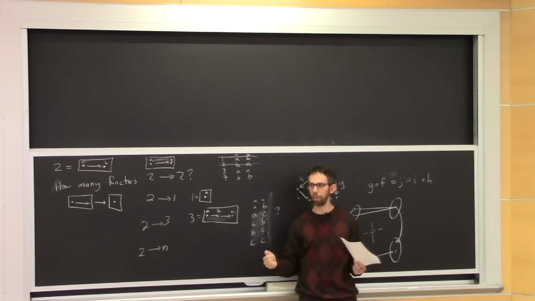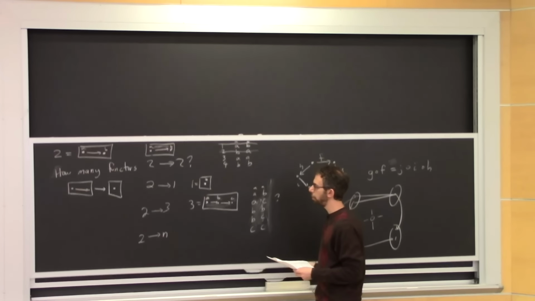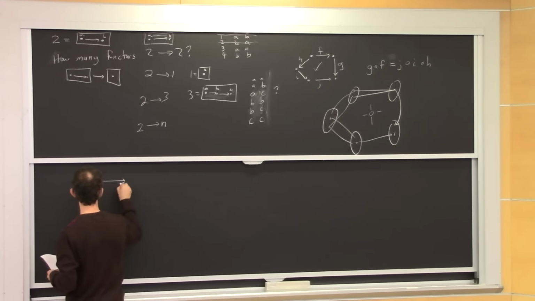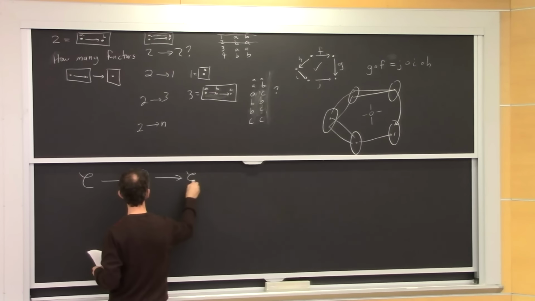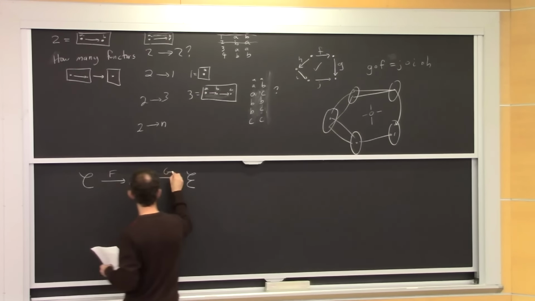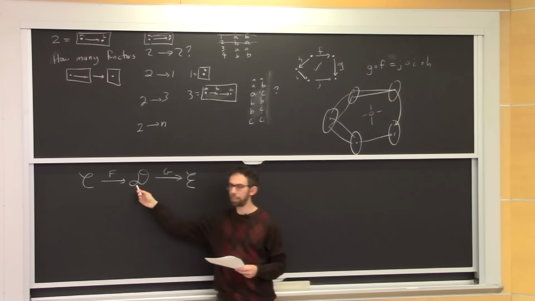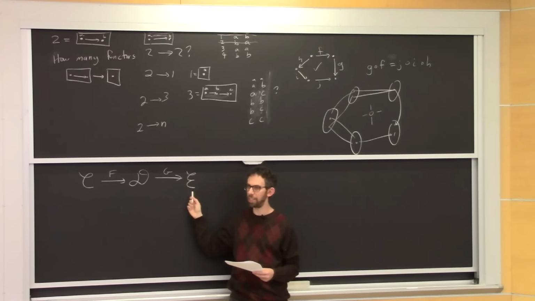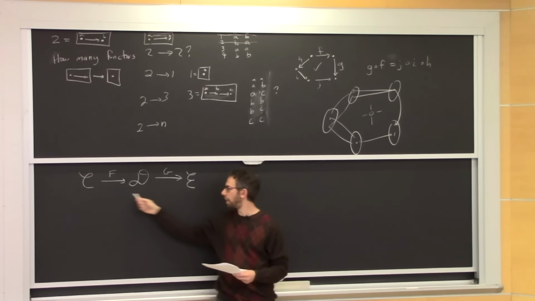I know if I compose functors, oh, that's something I should say. So if you compose functors, if you have a functor from C to D and a functor from D to E, then this one takes objects in C to objects in D. This one takes objects in D to objects in E. So together we get objects in C to objects in E. And same with morphisms.